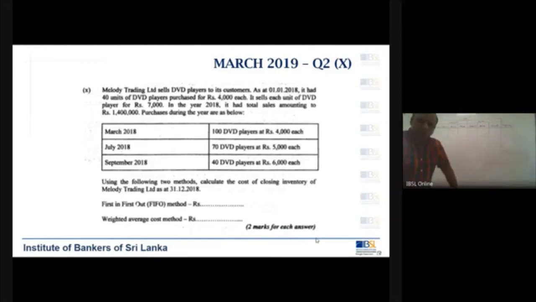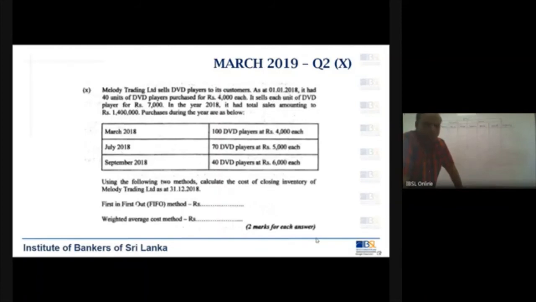Those who are having any model answer books or anything, don't refer to those. The model answer book doesn't have the workings, but it will have the answer, right? But don't refer to that. Try to do it by yourself and be mindful that whatever workings you do is only for 2 marks.